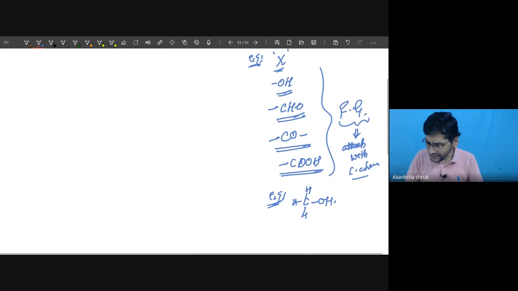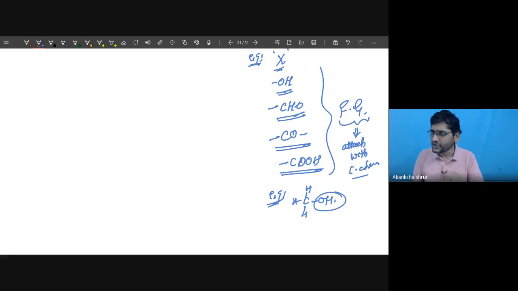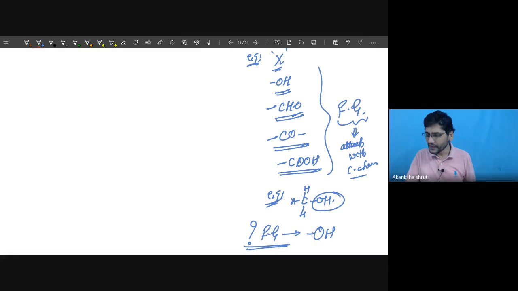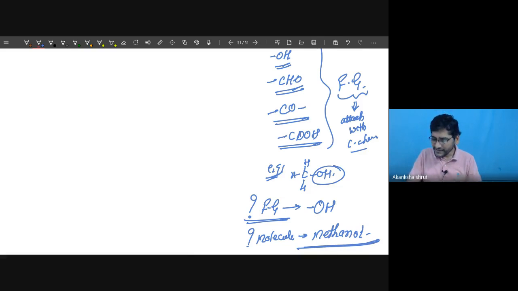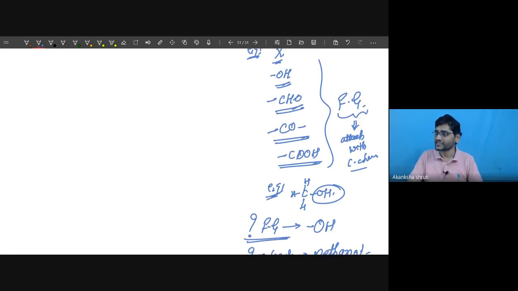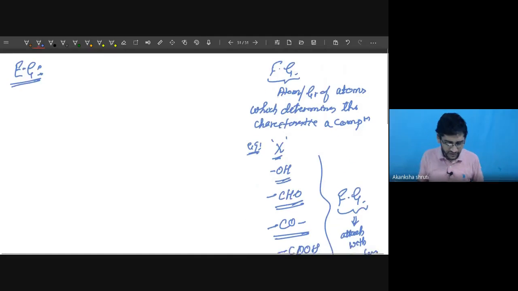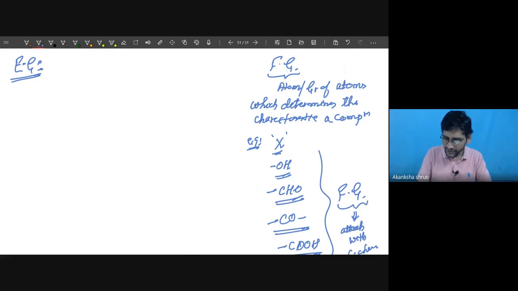If anyone asks you what the functional group is, your answer should be only OH with one bond open. Okay, student? But what is the molecule here? What is the name of the molecule? It is our methanol. Are you getting it? So functional group simply means the group of atoms. Okay. But considering this one functional group, are you getting this much?